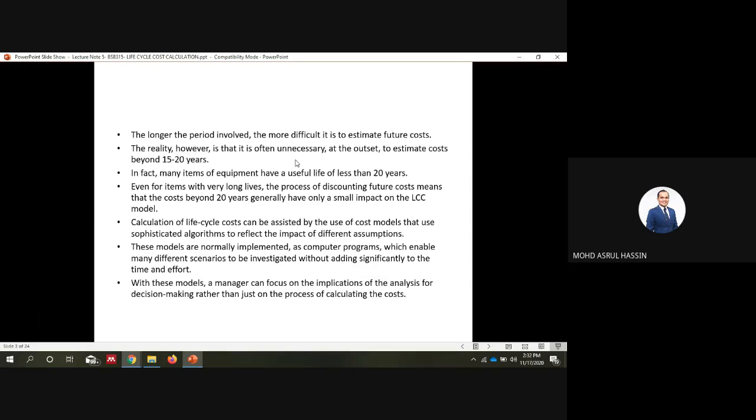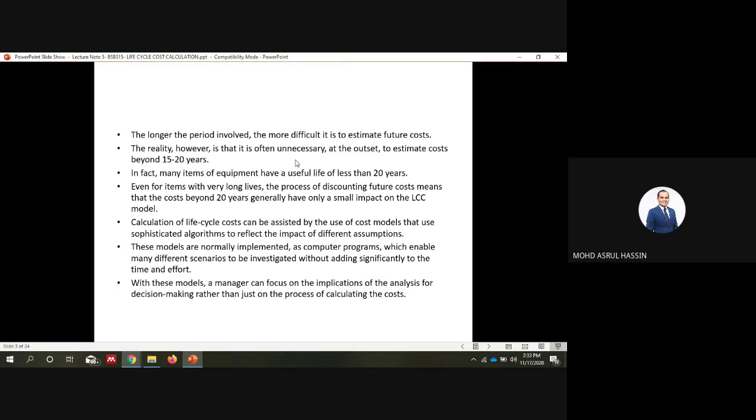The longer the period involved, the more difficult it is to estimate future costs. The reality, however, is that it is often unnecessary at the outset to estimate costs beyond 15 to 20 years.